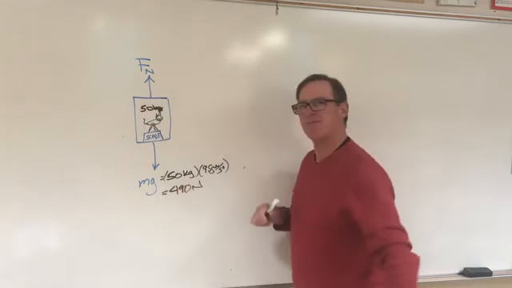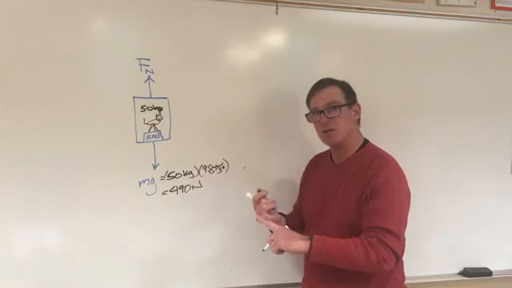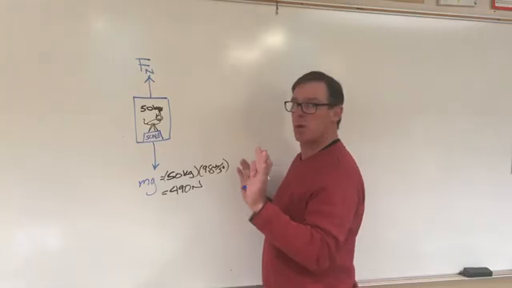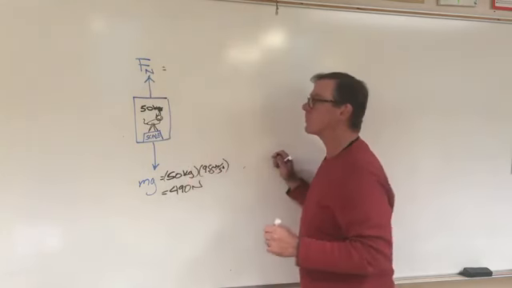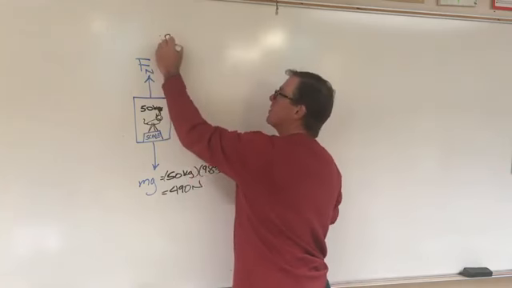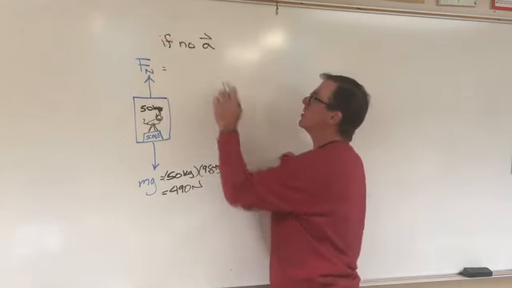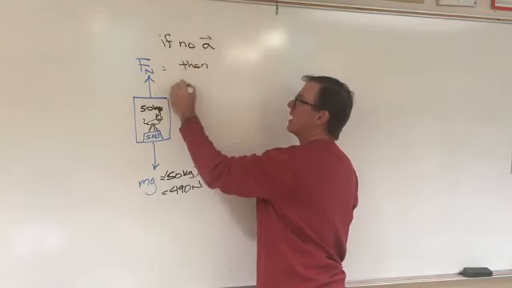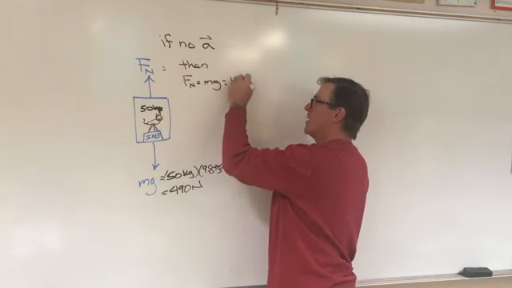So if the dog is not accelerating, either standing still or moving with constant velocity, either way, then we know that this would be the same. So if no acceleration, then Fn equals mg equals 490.